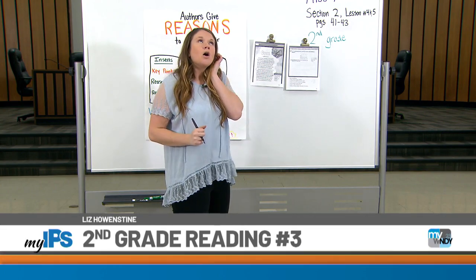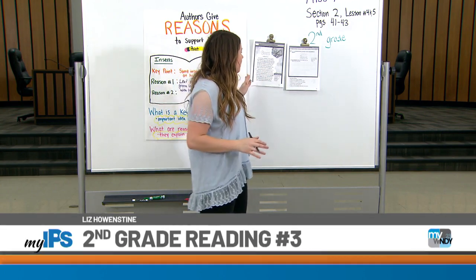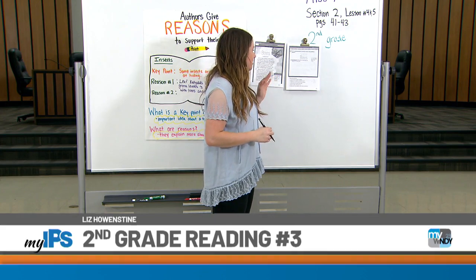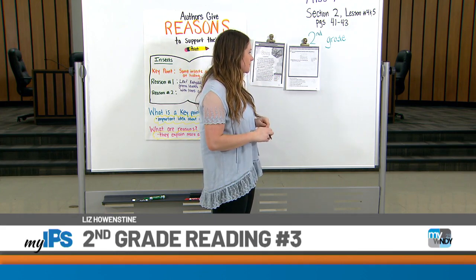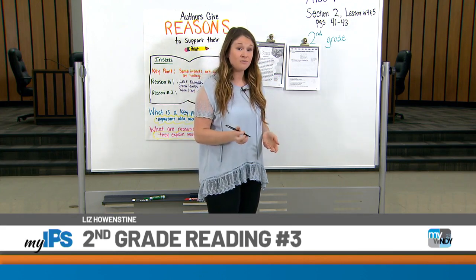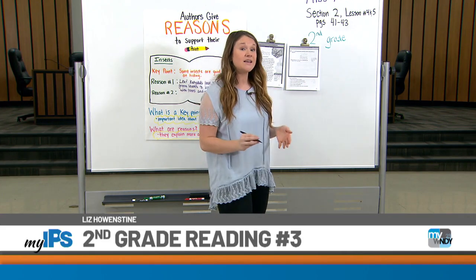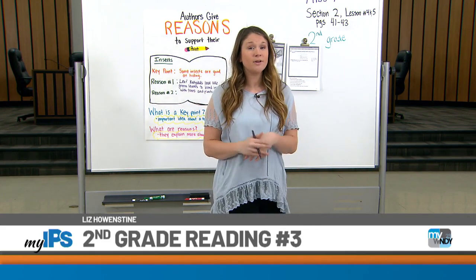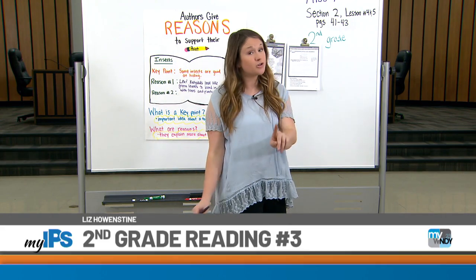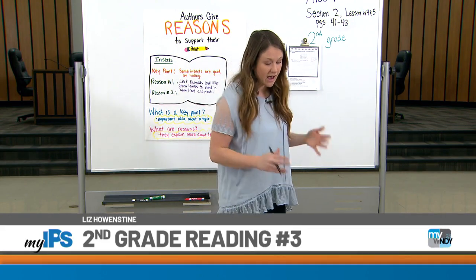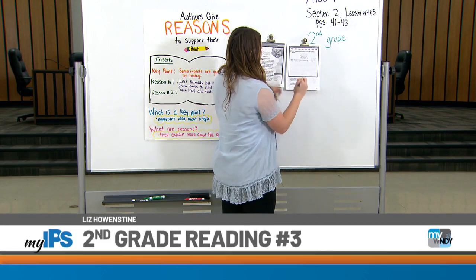So let's see. We see that soldier bees are different from worker bees because their only job, soldier bees' only job, is to protect the hive. The worker bees do other things, but the soldier bees' only job is to protect the hive. So we're going to write that.